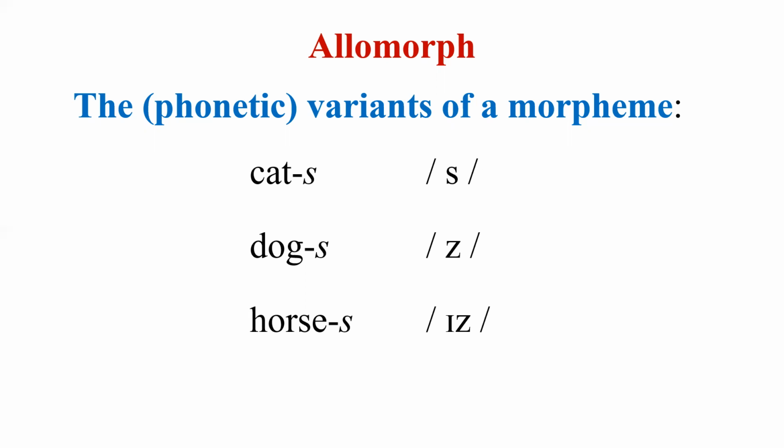Next, horses. The same plural suffix is pronounced iz. So this is allomorph, or these are the variants: s, z, iz. These are the phonetic variants of a single plural morpheme. So this is called allomorph.